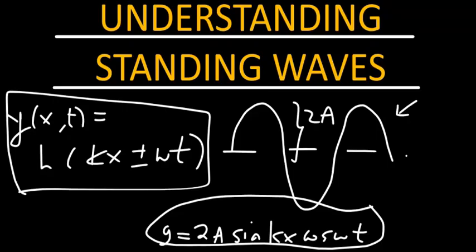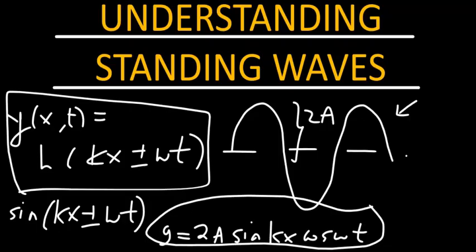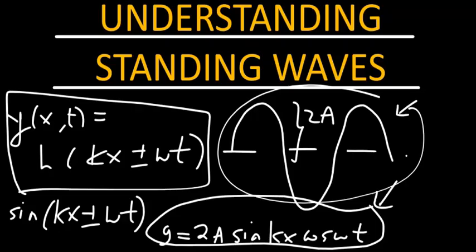That's why in the earlier individual waves that interfered, y is described by a sine function with argument kx plus or minus omega t, signifying the original two components were traveling waves in opposite directions, and when they interfere, they create a standing wave, like that.